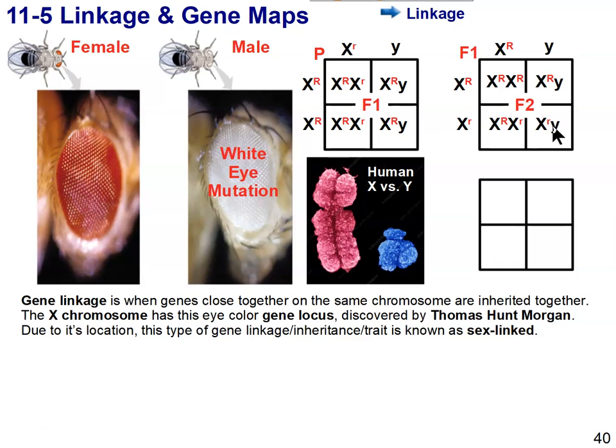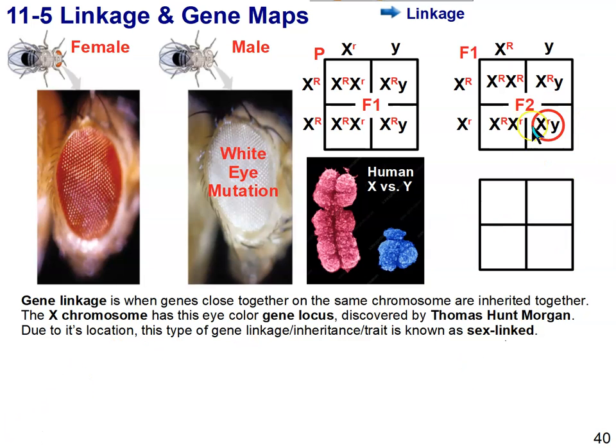And that was the indication that something strange was going on, and he figured out that that can only be explained by that gene being on the X chromosome. So he was the first to demonstrate experimentally that genes are on chromosomes. So that's one of the important things that he discovered here, along with the whole concept of sex linkage and this idea of gene linkage in general.